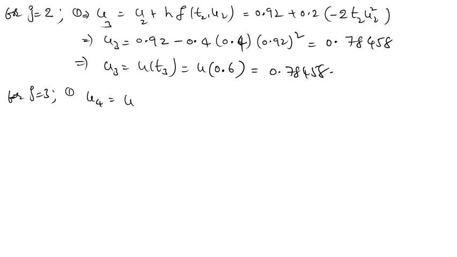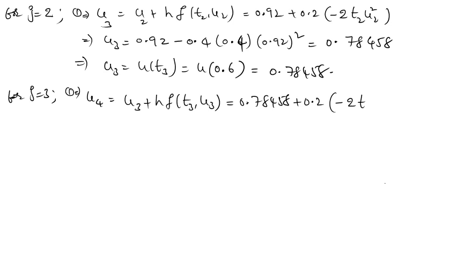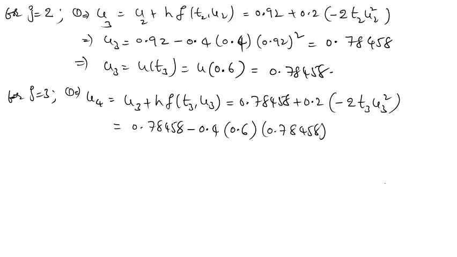u4 equals, equation 1 gives u3 plus h into f of t3 comma u3, that is equal to u3 value 0.78458, right, plus 0.2 (h value) times minus 2 t3 u3 square. So this is 0.78458 minus 0.4 times t3 (0.6) and u3 square, 0.78458 square.